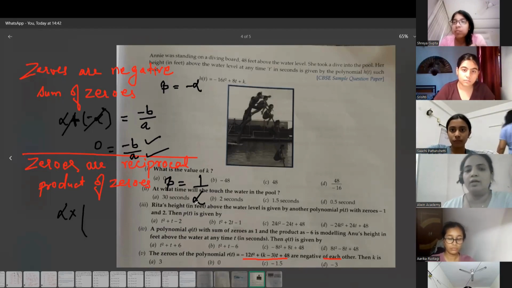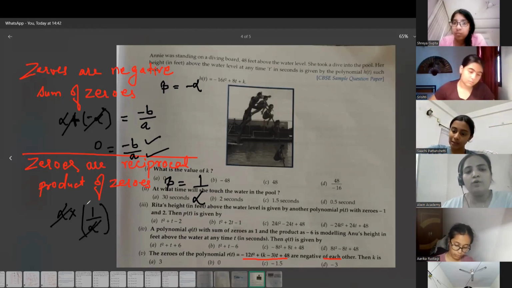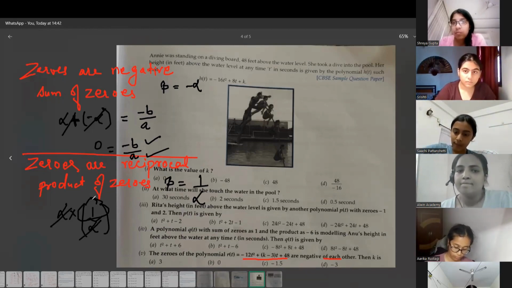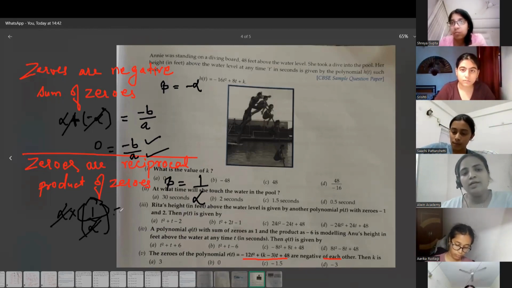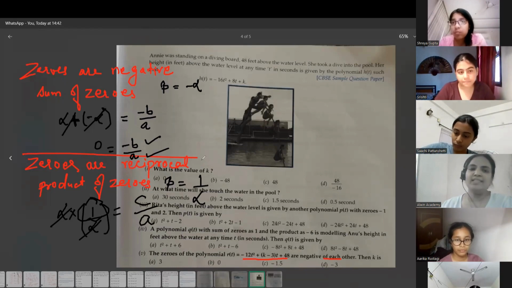So instead of writing alpha into beta, I'll write alpha into 1 by alpha. So cutting this, you have got 1. Understood or not? Now the condition for this is c by a, so from there your equation can be made. Clear or not? Now I'll help with how to do this question, but take a note of these two things quickly.